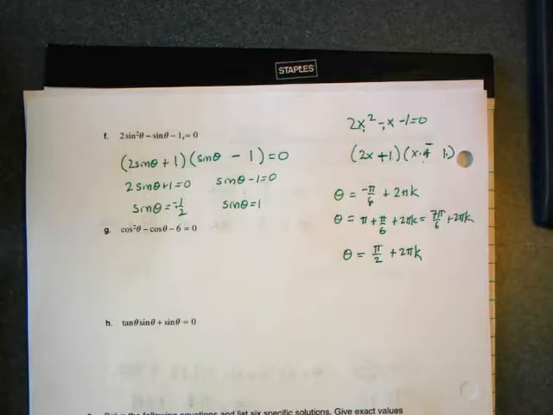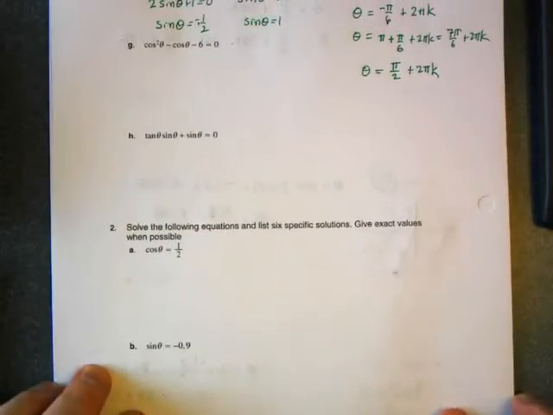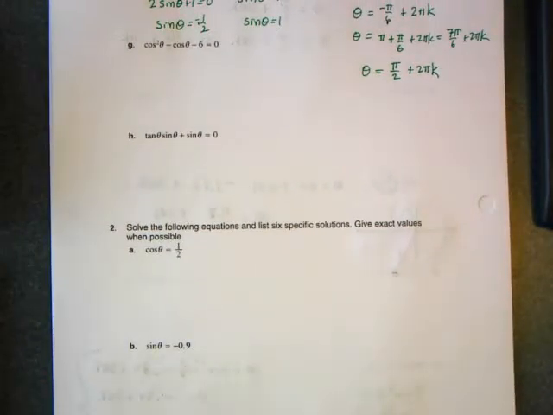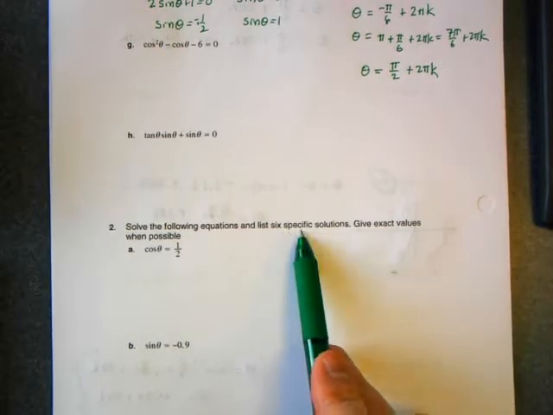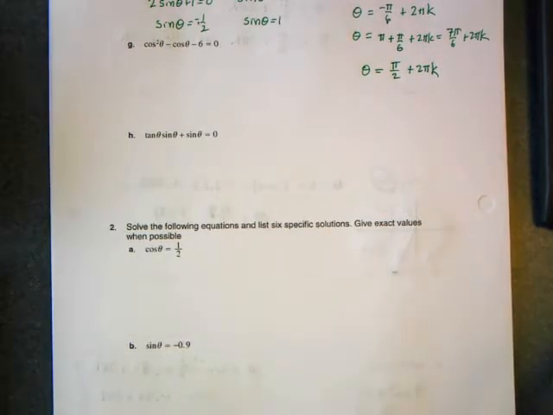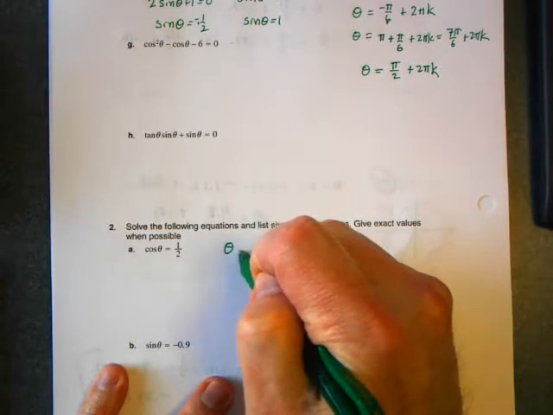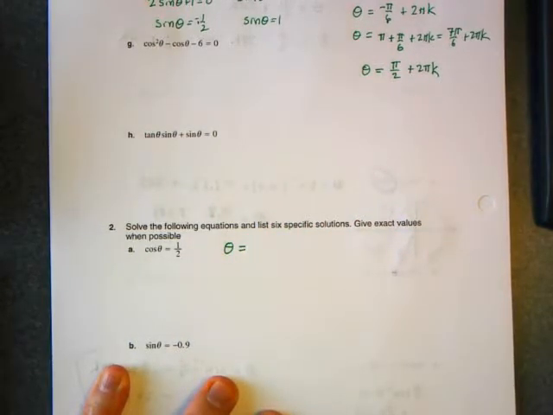Alright, finally, I'm going to skip down to number 2 here. Cosine of theta equals a half. Solve and list 6 specific solutions. Give exact values when possible. Okay. So theta is. Give me one answer.